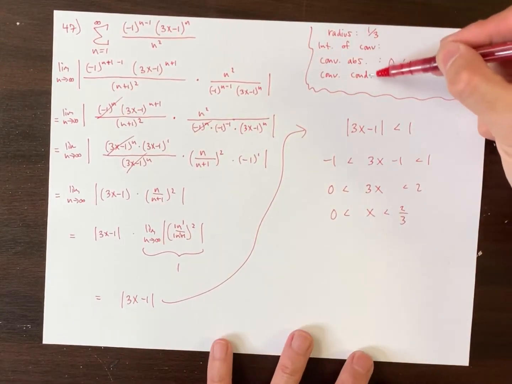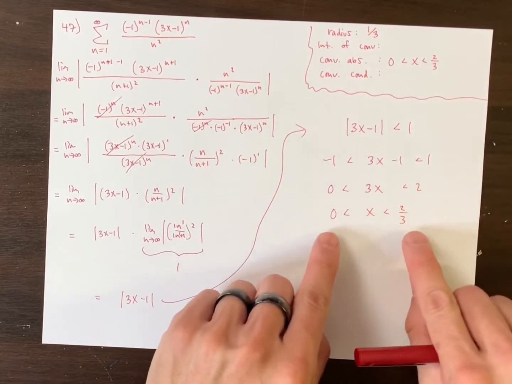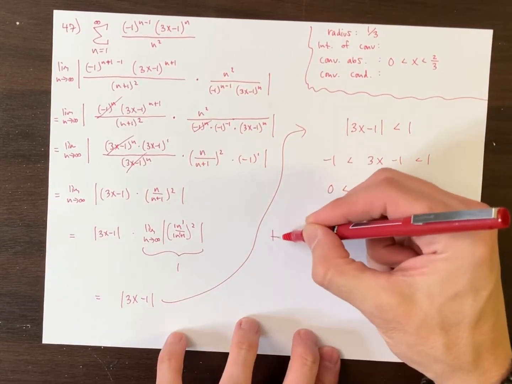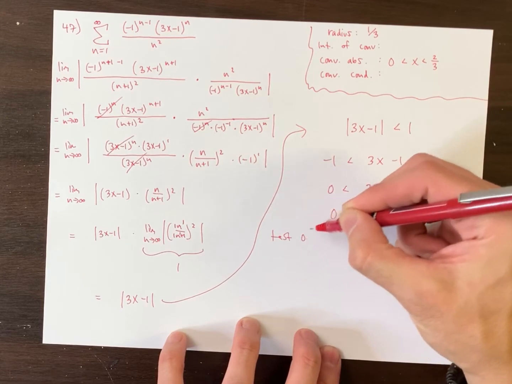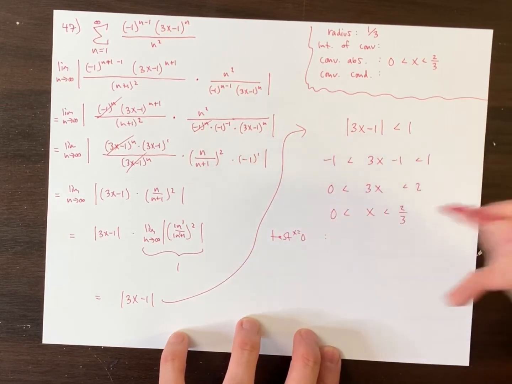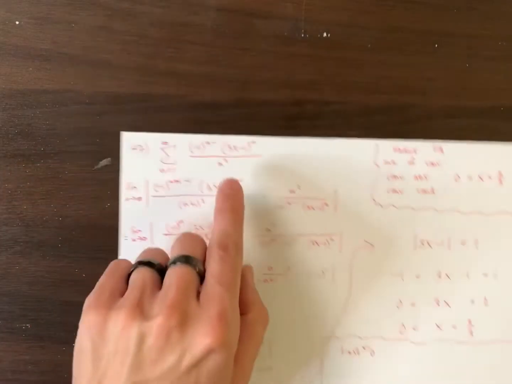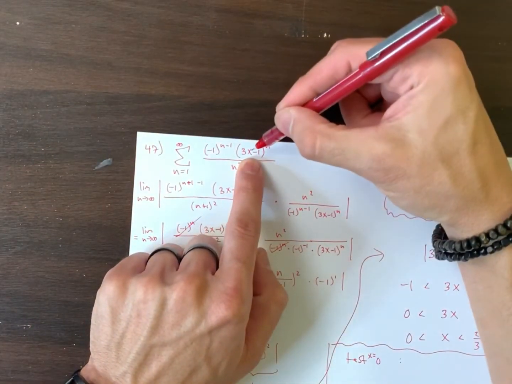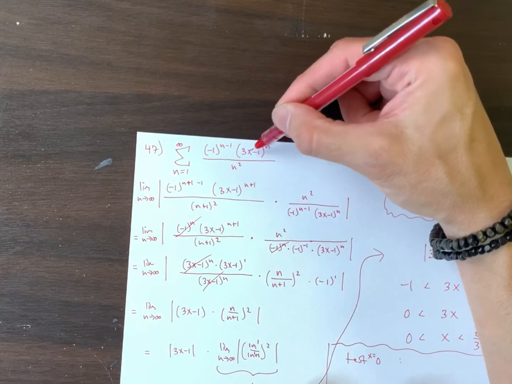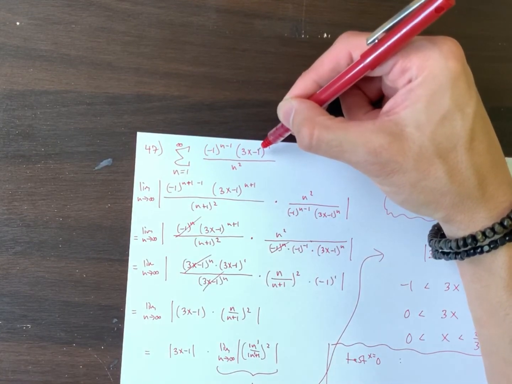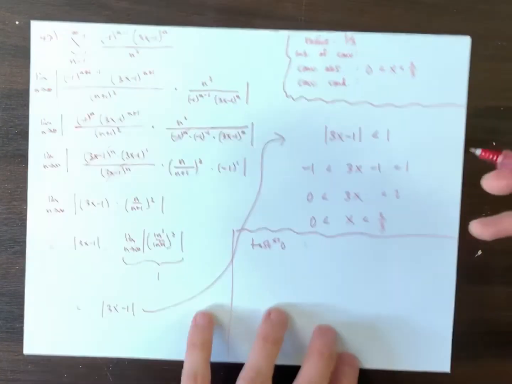Now for the remaining pieces, we have to test the endpoints. So let's test x equals 0. When x is 0 in here, 0 times 3 is 0, minus, it's just negative 1. It'd be negative 1 to the power. So let's see what we have.